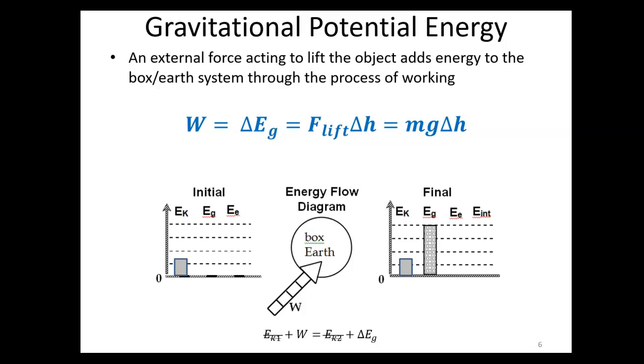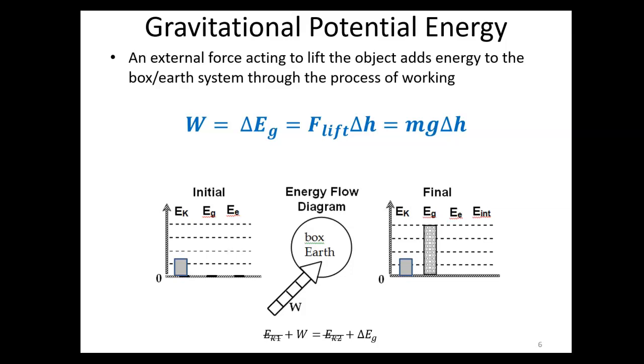That energy had to come from somewhere. It came from the external force that was acting on this box, transferring energy to it by the process of working. If I wrote the energy conservation equation for this situation, I have that the initial kinetic energy plus the work that transferred energy into the system equals the final kinetic energy plus the change in gravitational energy.